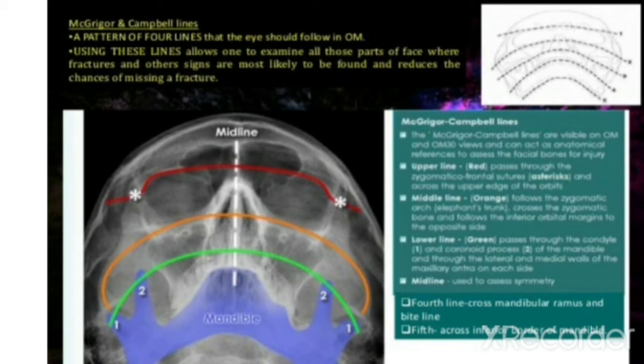Using these lines allows one to examine all those parts of the face where fractures and other signs are most likely to be found, and reduces the chances of missing a fracture.